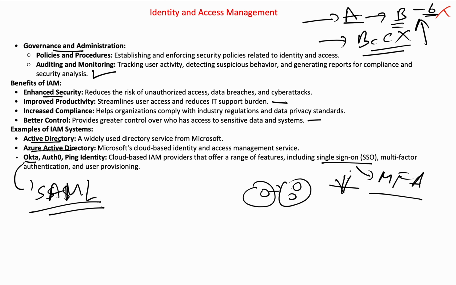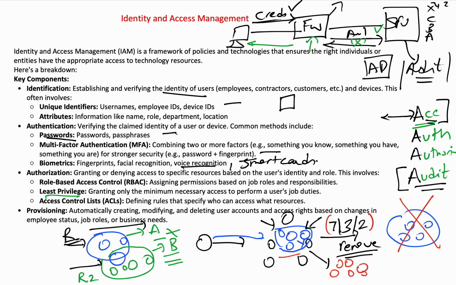SSO mostly we use with multi-factor authentication, because with only credentials it's not safe. SSO is a separate term, where you log into one application and you don't have to log into multiple applications. Once you log into one, you get access to other servers or applications by default using tokens.